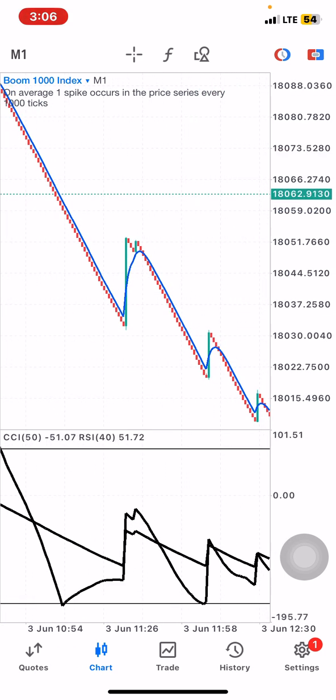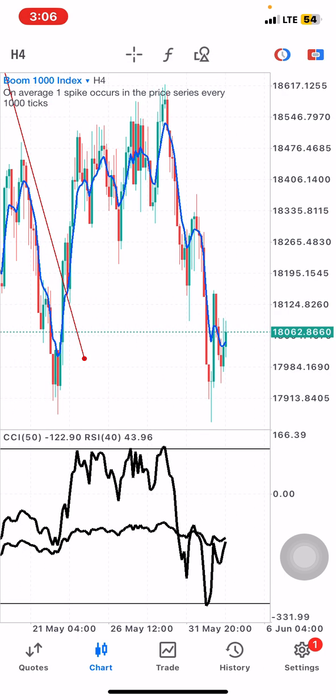First of all, those that know price action, you go to a higher time frame to know the direction of this market. But someone that doesn't know price action will just use the indicator setup to milk the market.